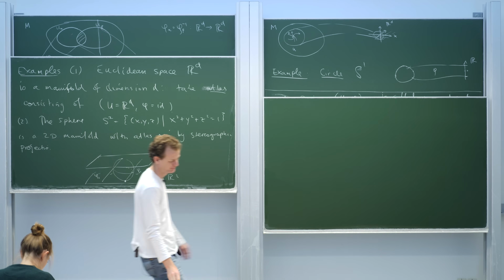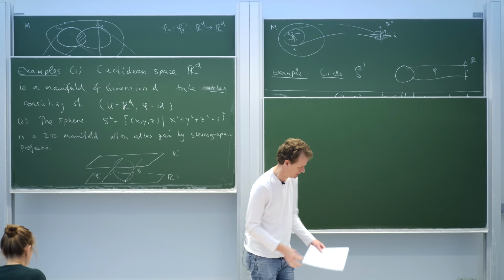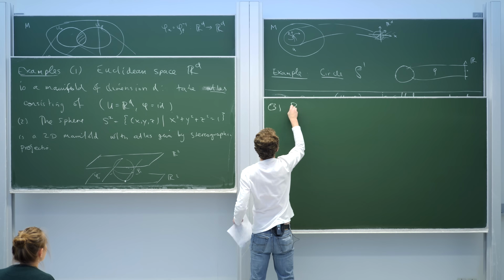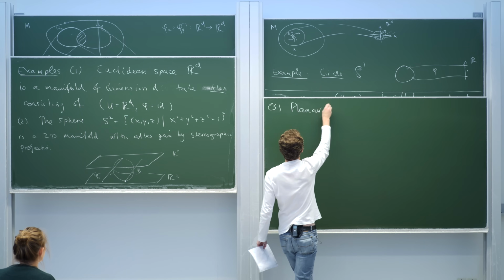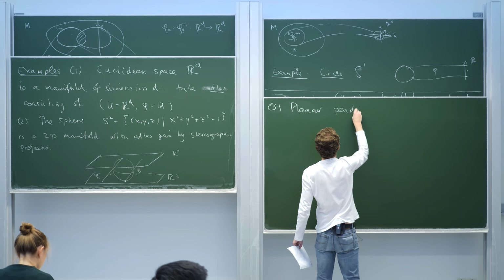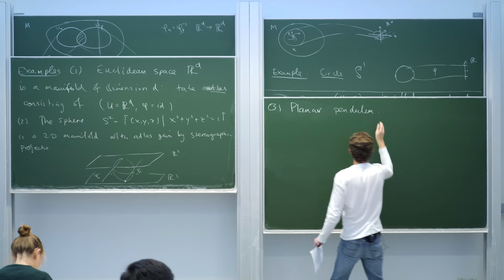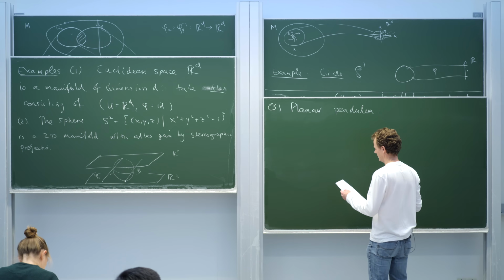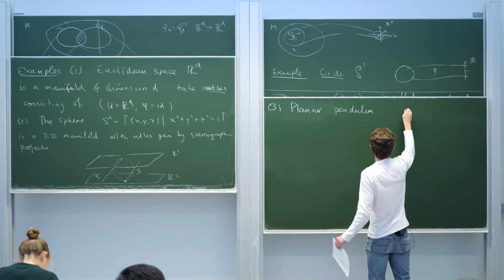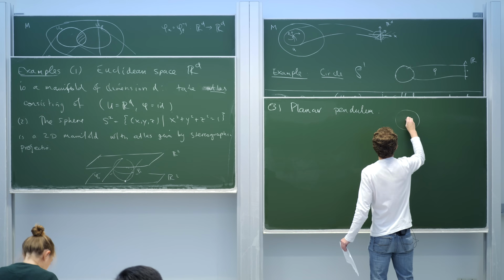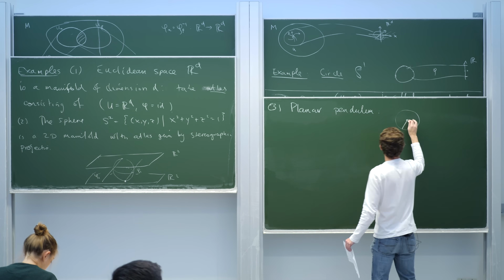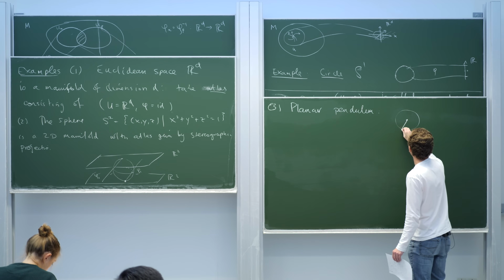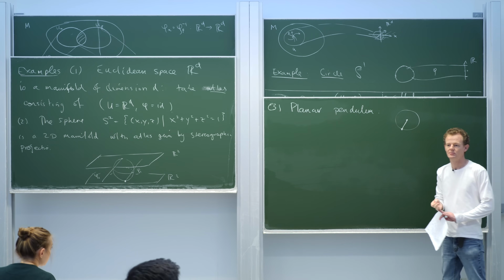I'll go through a couple now. So the planar pendulum. So the configuration space of a planar pendulum is a manifold. Well, we've already done it actually. So if you have a planar pendulum, then it's with a rigid weightless rod and a mass, no friction, blah, blah, blah.